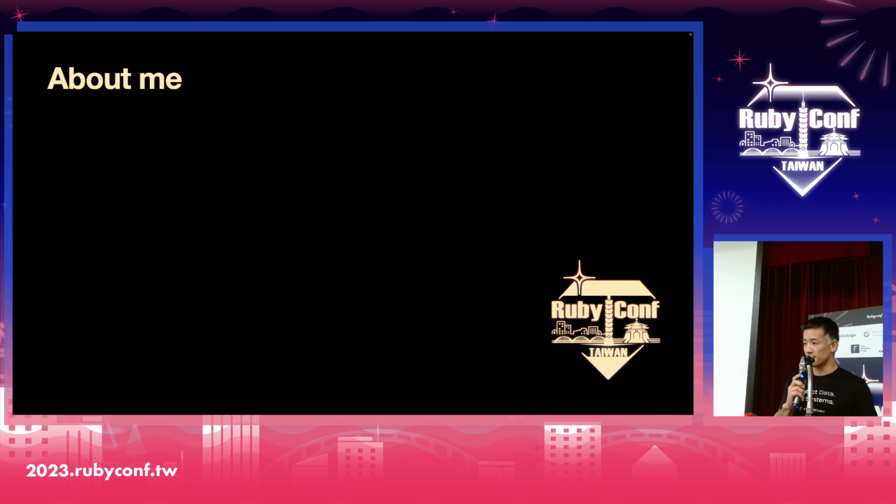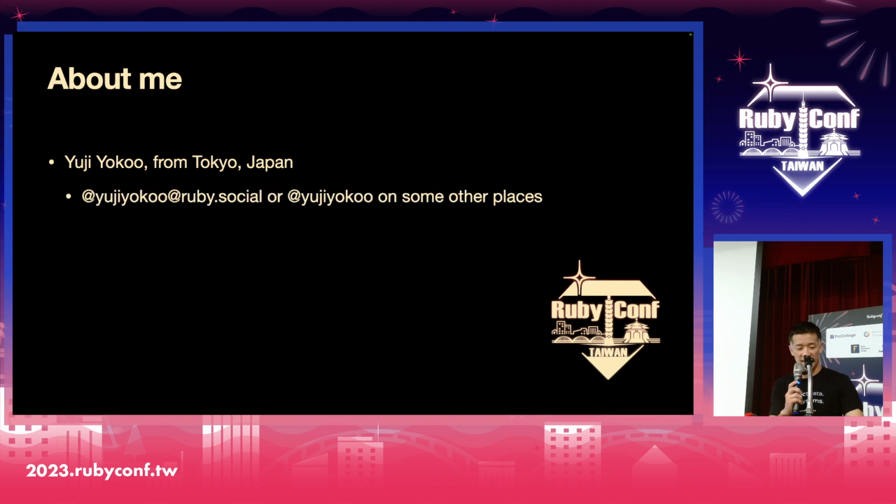So about myself. I'm Yuji. I'm from Tokyo, Japan. I grew up in Tokyo. And you can find me, Yuji YOKOO, on ruby.social or same Yuji YOKOO on GitHub and Twitter and maybe some other places.